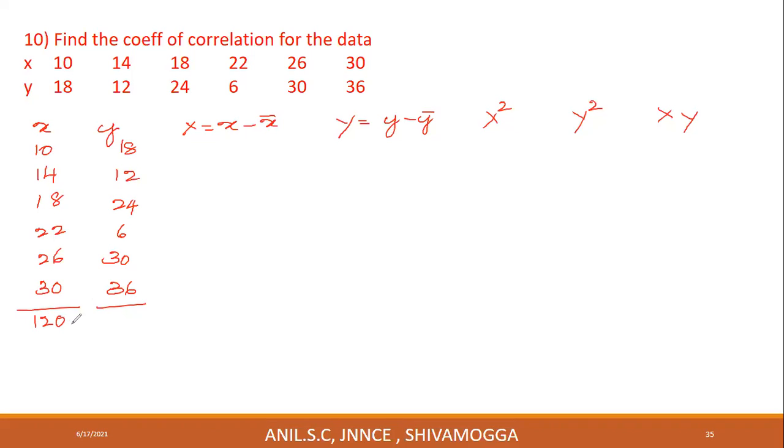That's right. And summation y is 126. Right. Next, capital letter X. X bar is required first, and X bar is equal to summation x divided by n. What is n here? 1, 2, 3, 4, 5, 6. N is equal to 6. Therefore, X bar is 20. And Y bar is equal to summation y divided by n. This is equal to 21. Now construct.